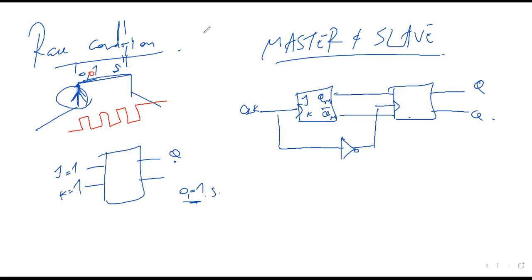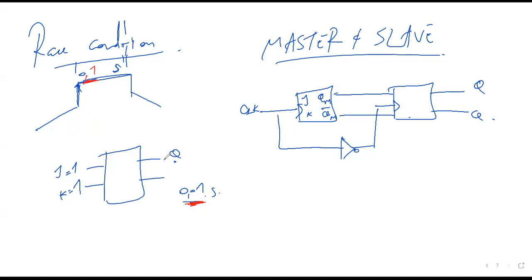It means I no longer have the race condition. When the output of my JK at 0.01 seconds counts, I have the toggling during that 0.01 second. This time is almost the same as this one. Or what happens if you're just playing with the numbers here?